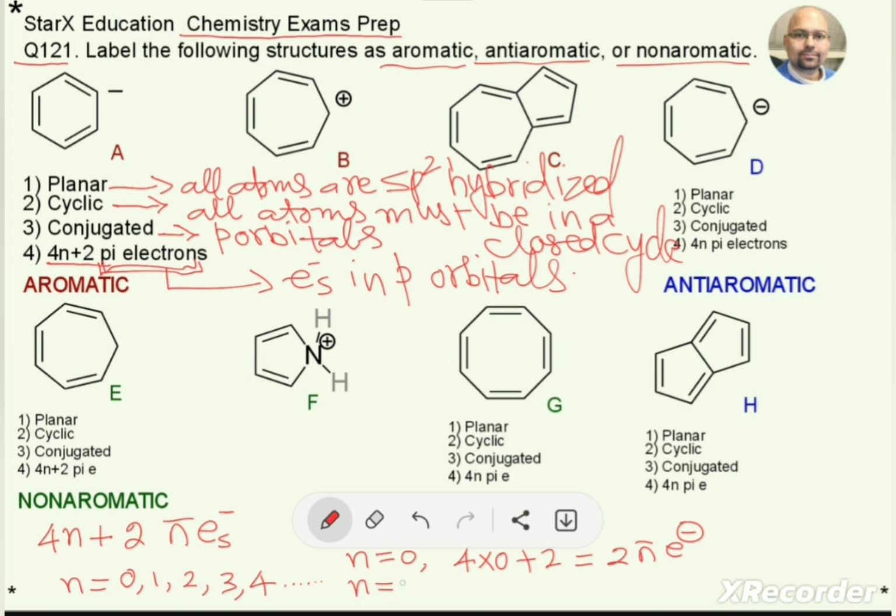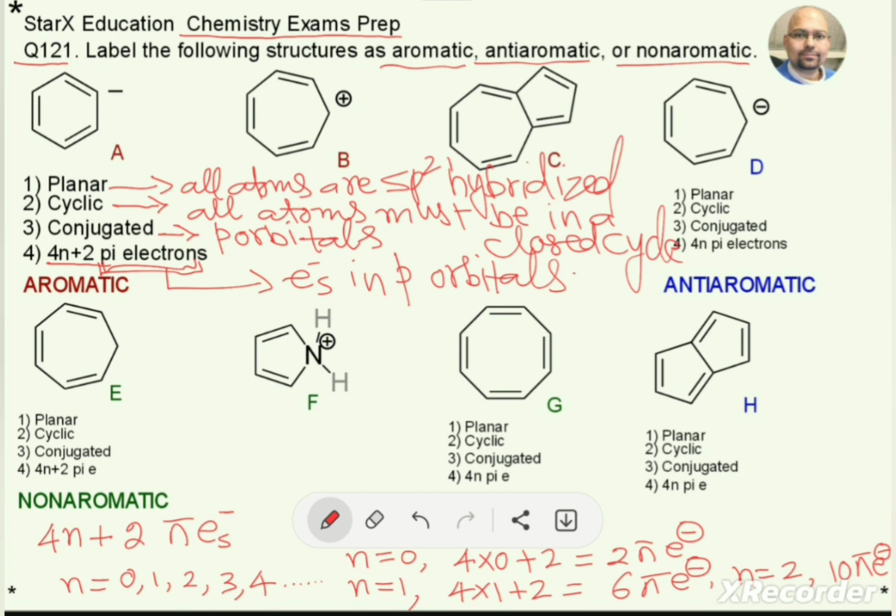If n equals 1, then there are 4 times 1 plus 2 equals 6 pi electrons. The most common example that anybody can quickly recognize with 6 pi electrons is benzene. And if n equals 2, then the pi electrons become 10, which is an example in naphthalene.